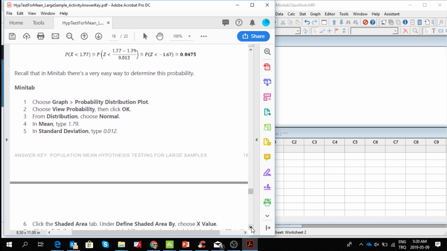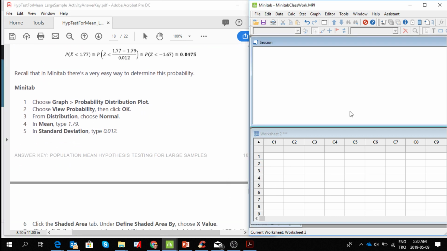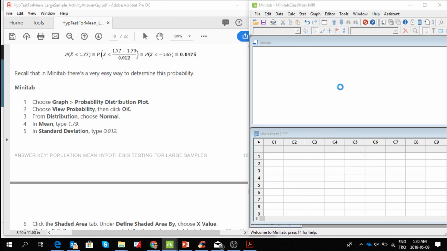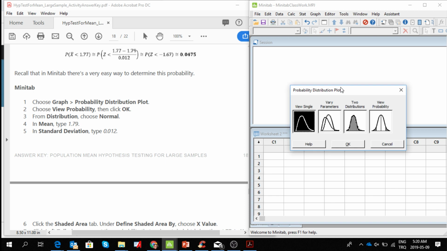Now how would you do this on Minitab? There are some steps and I'm gonna share them with you here as well. We are gonna go to the graph button, and from this graph button we are gonna go to not probability plot but probability distribution plot. We are gonna go to distribution plot, and then we are gonna choose, there's view single, vary parameters, two distributions, view probability.